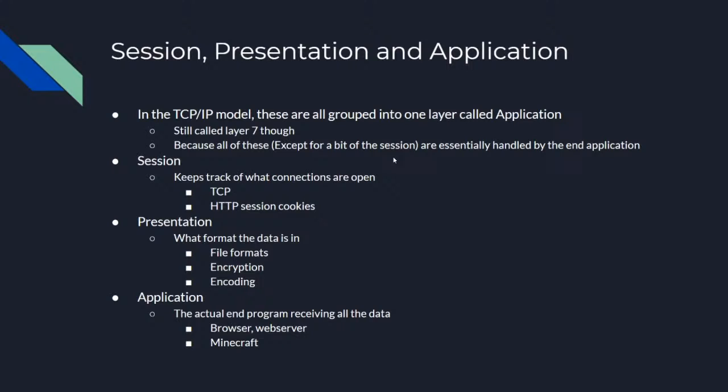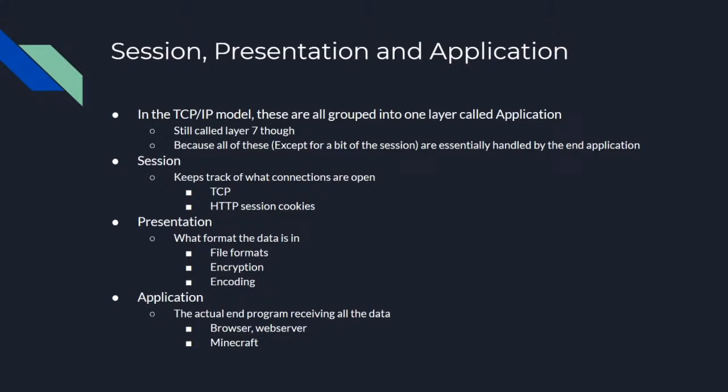Because OSI was a little more specific. But essentially, the session is what keeps track of what connections are open between your clients. This is partially handled by TCP, so this is why things get iffy up here.